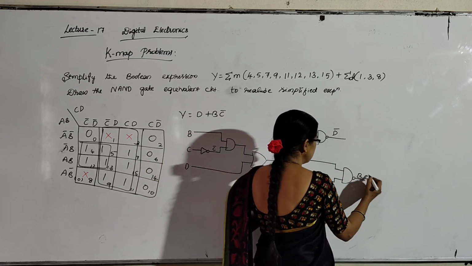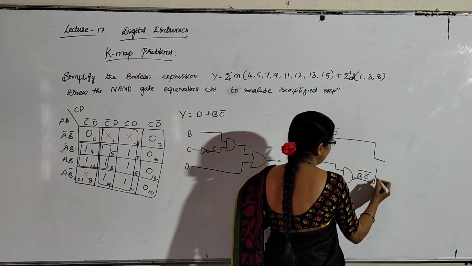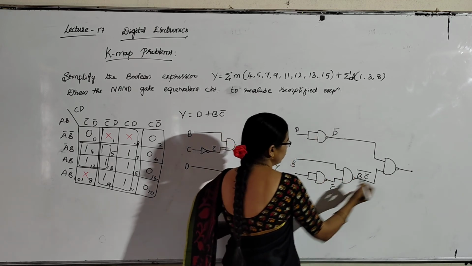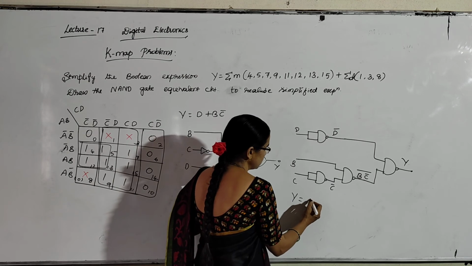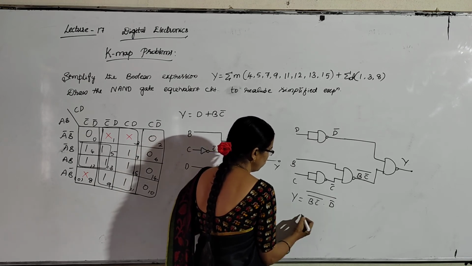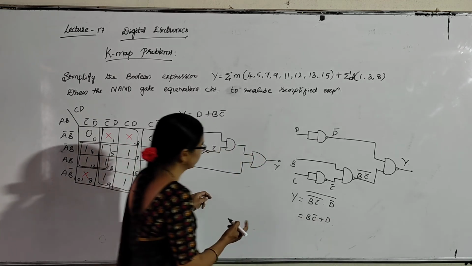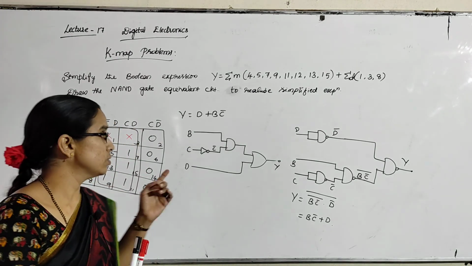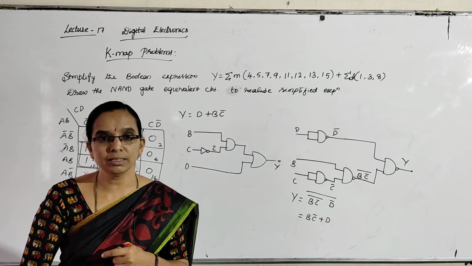It is B C bar whole bar, and those two will be NANDed again. What will be the output of the last gate? That is B C bar whole bar, D bar whole bar, so it will be B C bar plus D. That is what we have got. Any doubts in drawing the NAND gate equivalent circuit, please text me.